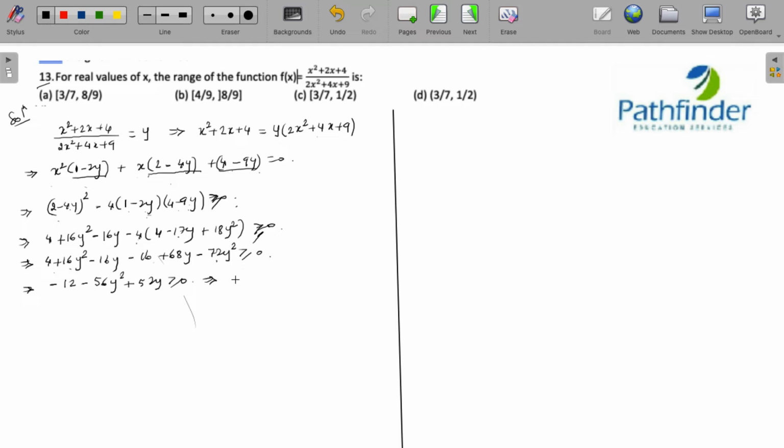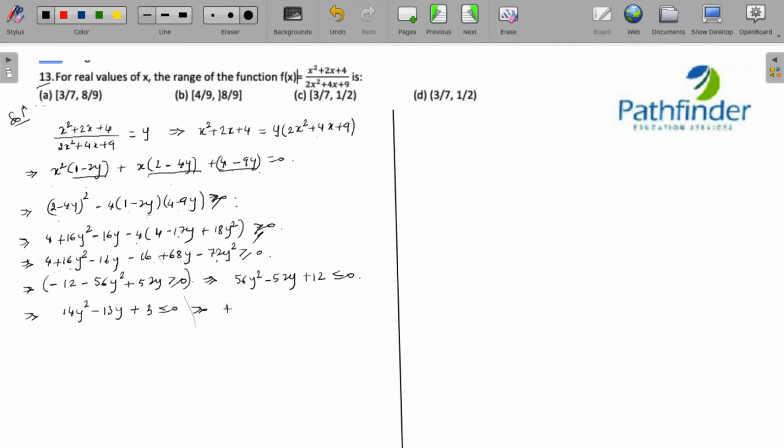So you have 56y square minus 52y plus 12 is less than or equal to 0. Divide by 4. You will get 14y square minus 13y plus 3 must be less than or equal to 0.